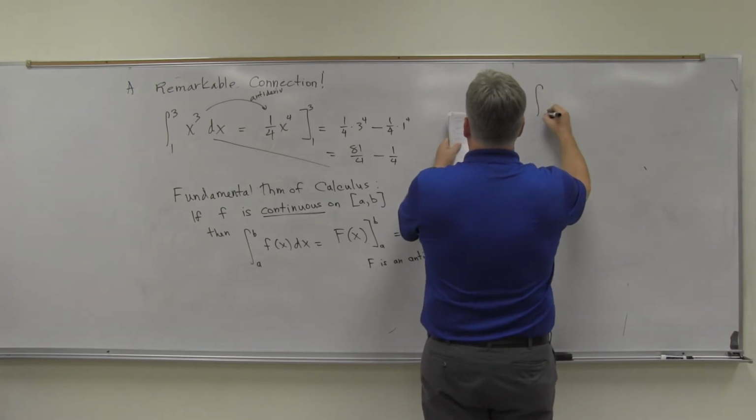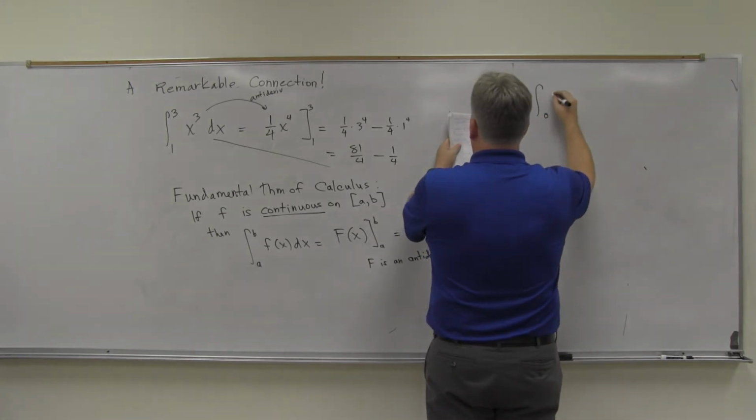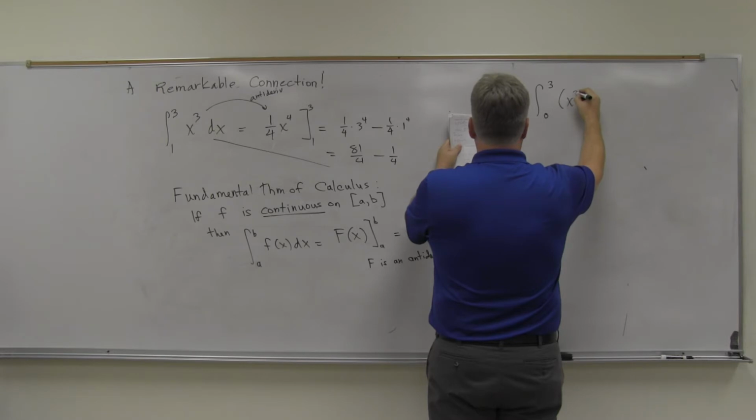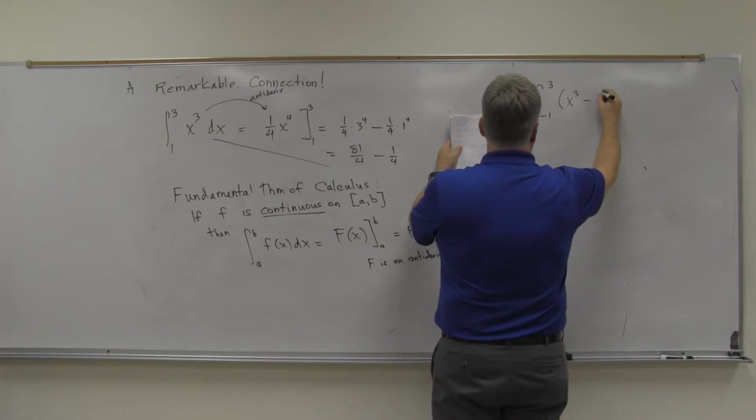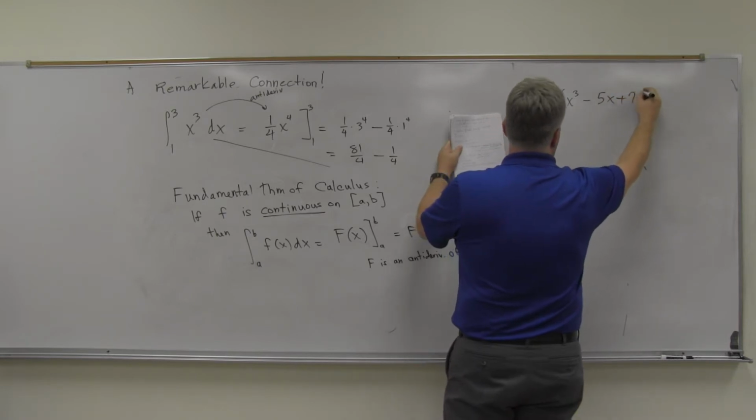So what's the integral from negative 1 to 3 of x cubed minus 5x plus 7 dx?